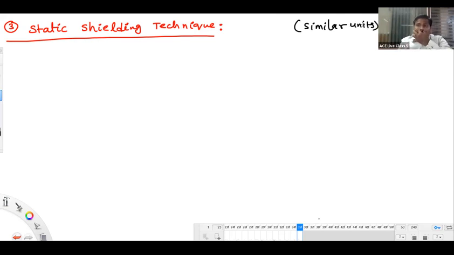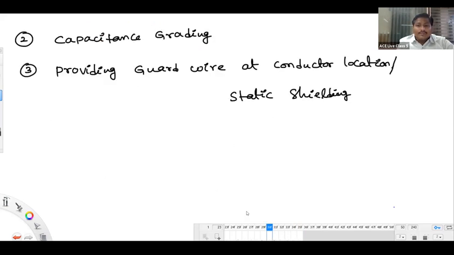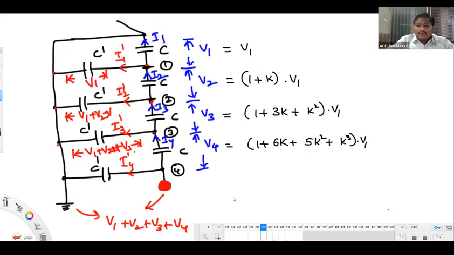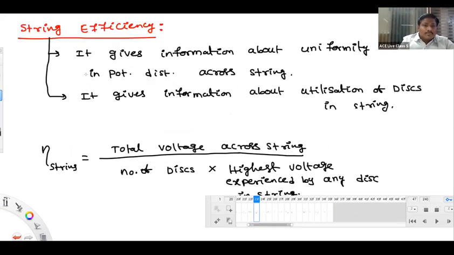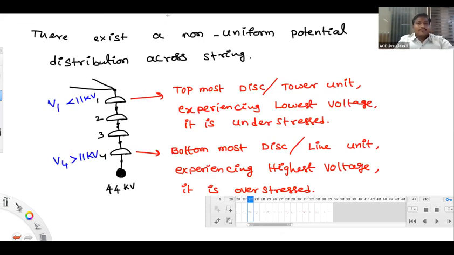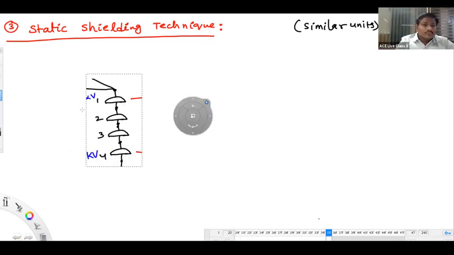Yeah, so let me show that diagram here. I am taking the 4 units that we have: 1, 2, 3, 4.